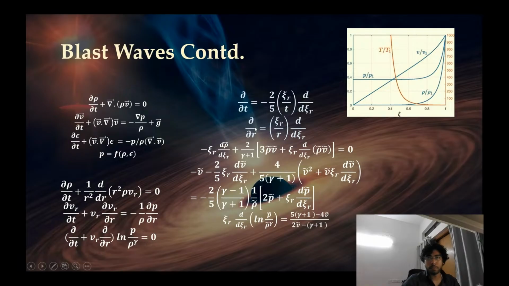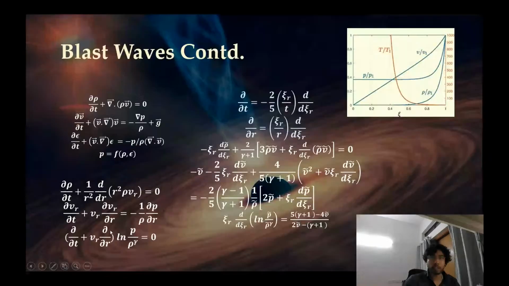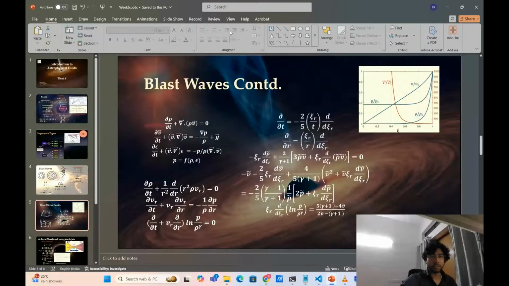But you have to remember the original definition, that r by lambda is xi, and that lambda varies as t to the power 2 by 5. Let's see how we go about this.